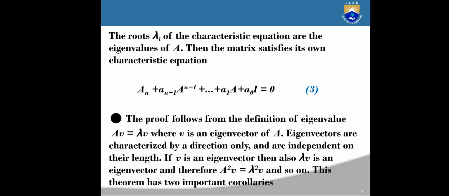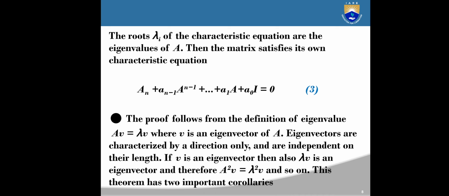The roots lambda_i of the characteristic equation are the eigenvalues of A. Then the matrix satisfies its own characteristic equation: A^n plus a_{n-1} A^{n-1} plus and so on up to a_1 A plus a_0 I equals 0, where capital A is the matrix and I is the identity matrix.